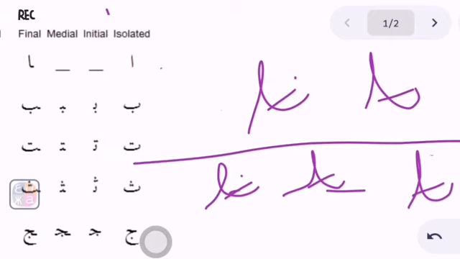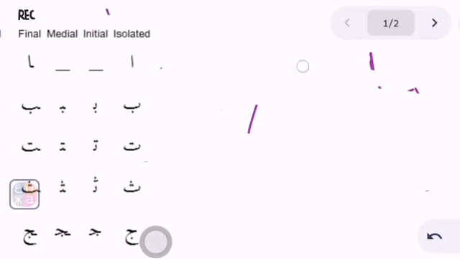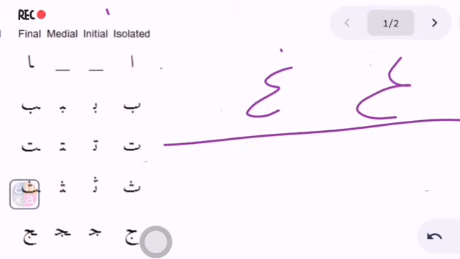After that, we move to ain and ghain. Ain and ghain look somehow technical because of the change we have in these two letters. Basically, this is the way your ain looks like, and this is the way your ghain looks like. The first thing you have to do, don't forget, is straighten up the curved area.